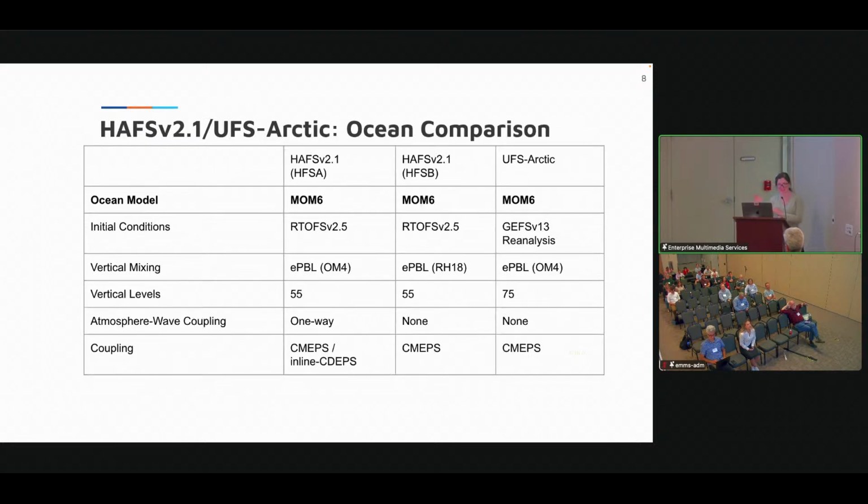I did include a very quick comparison to HAFS as well for the ocean. This is some information I found on HAFS v2.1. I won't go too much into detail, but I think HAFS is the only other application I found that uses a regional MOM6 setup as well, so it's interesting to compare their regional MOM6 to ours.